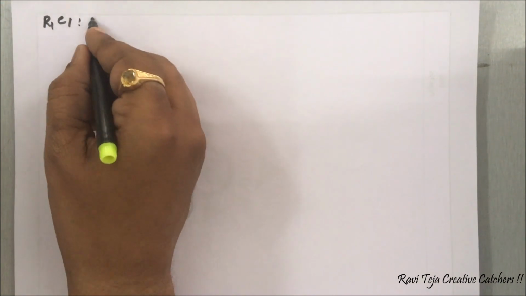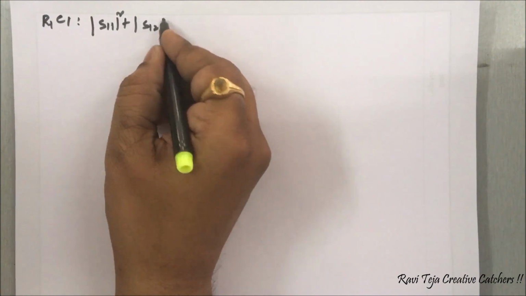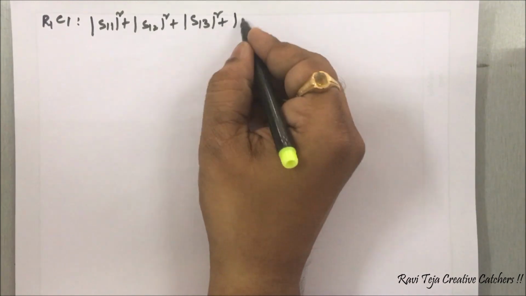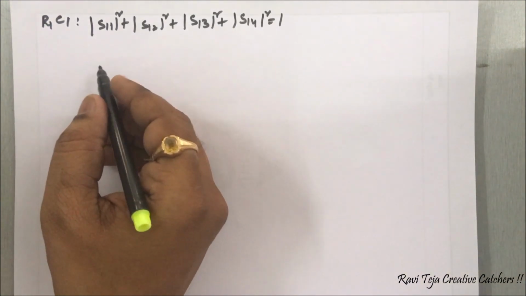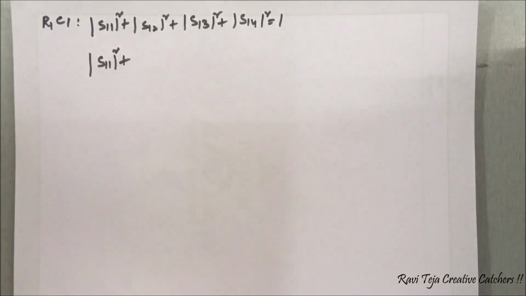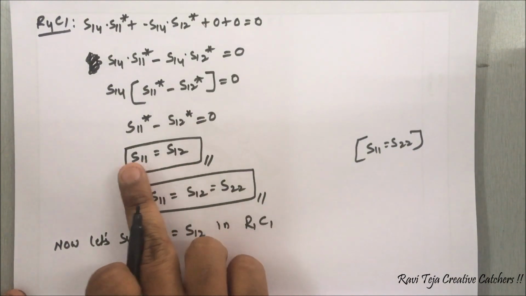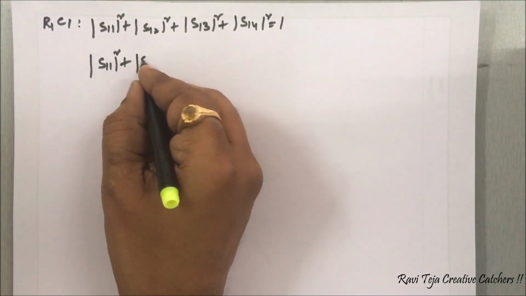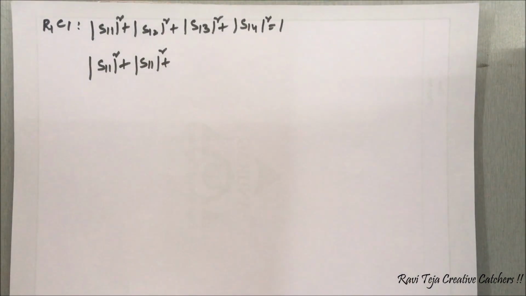R1C1: modulus of S11 whole square plus modulus of S12 whole square plus modulus of S13 whole square plus modulus of S14 whole square is equal to 1. Now S11 is nothing but S12, so S12 is nothing but S11, right? So substitute: S11 square plus S11 square plus S13, we already got the values.